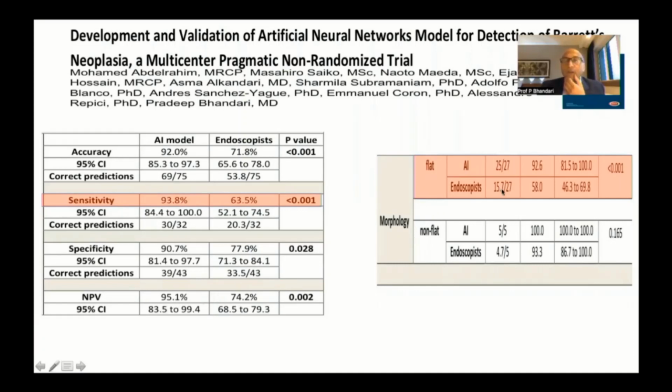When we analyzed these lesions, we found that the endoscopists are very good at detecting non-flat nodular lesions, but not very good at detecting flat lesions. And in Barrett's, the majority of the lesions are flat. You can see the big difference between AI and the endoscopist. And I think this is where it will make a huge difference in the outcome in the future.